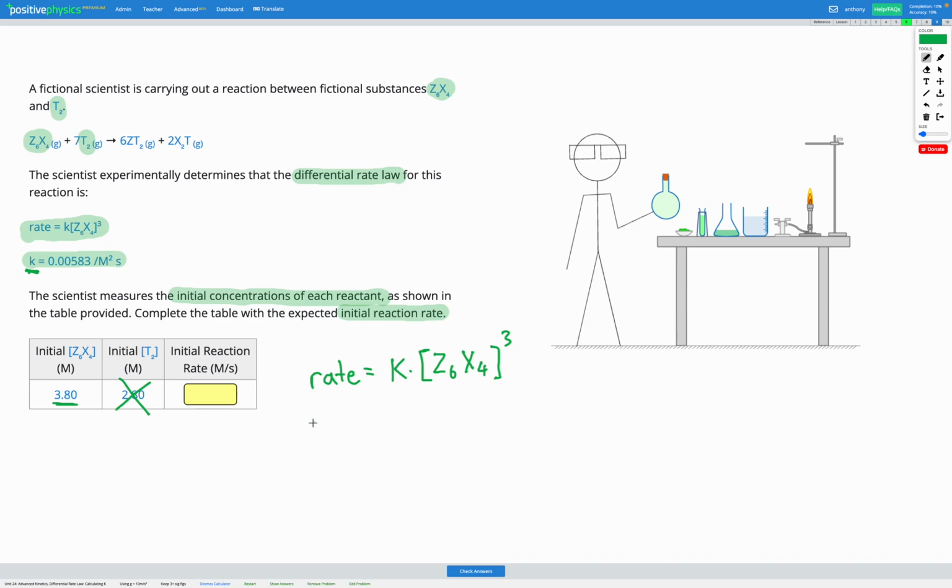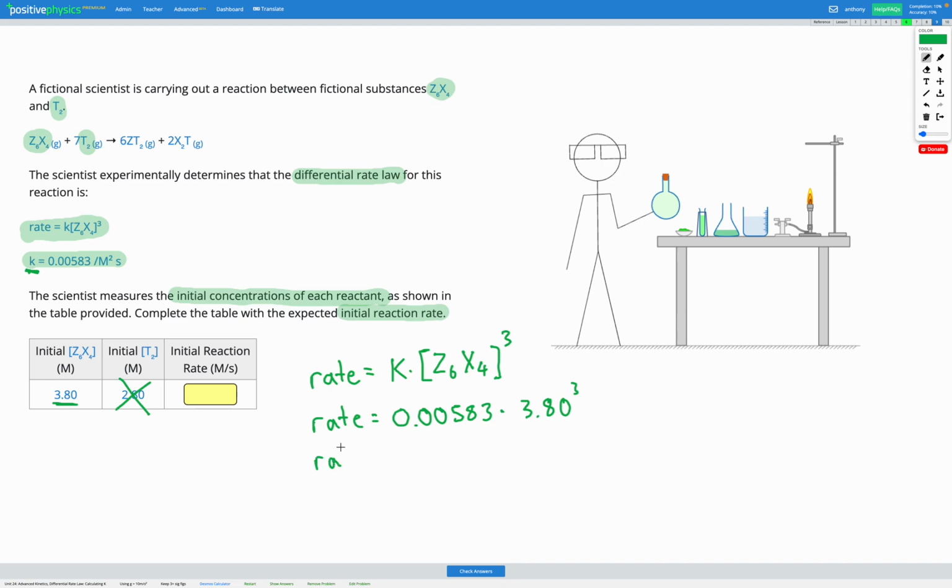So to calculate our rate, all we need to do is go ahead and put in our numbers. So for K, given in the question as 0.00583, multiplied by the concentration of Z6X4, which is 3.80, and that's cubed.